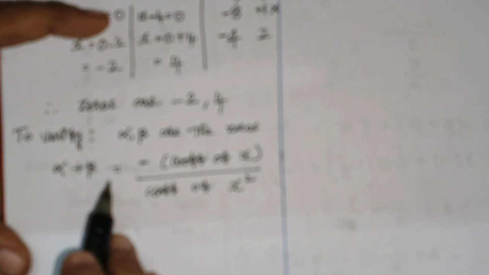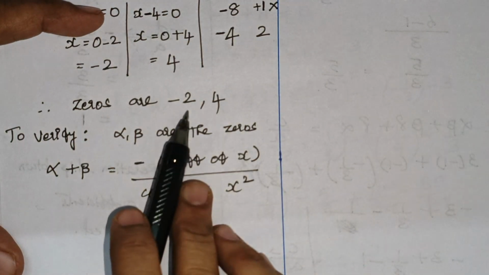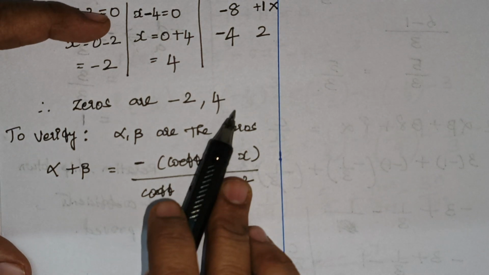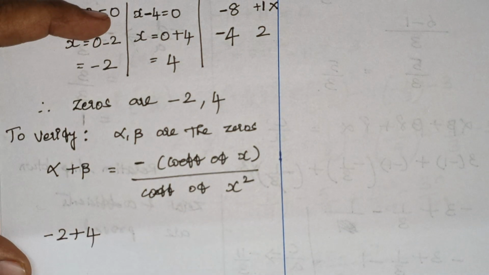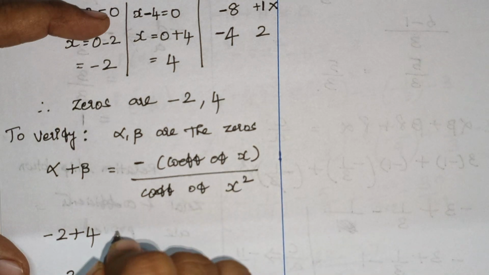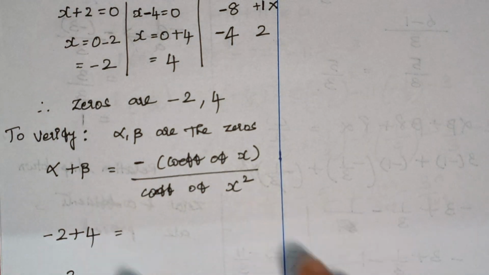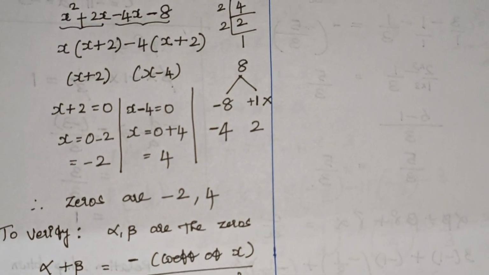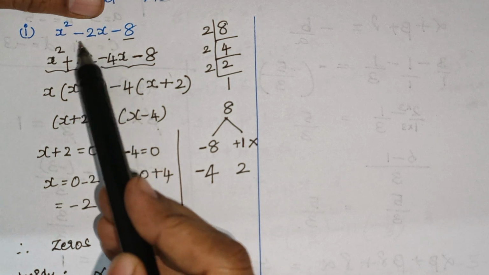So alpha plus beta. What is the value of alpha? Here the values of alpha and beta are minus 2 and 4, right? So alpha plus beta, that is minus 2 plus 4, will be equal to plus 2, right? And here just I am going to substitute the values. What is the coefficient of x here? Coefficient of x is minus 2.